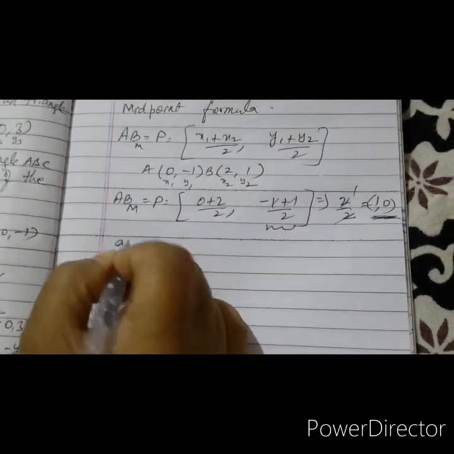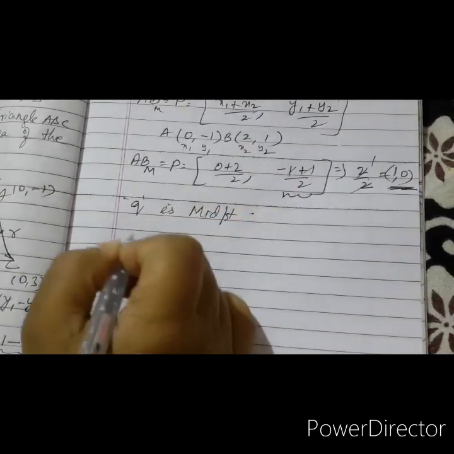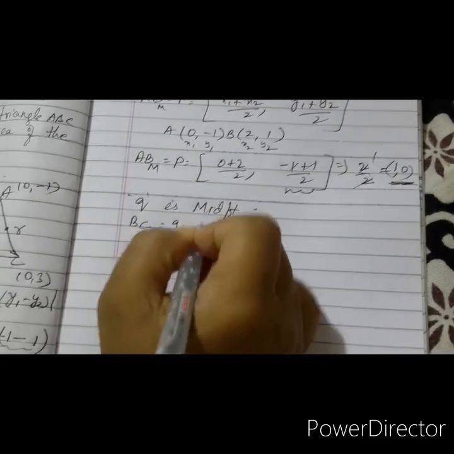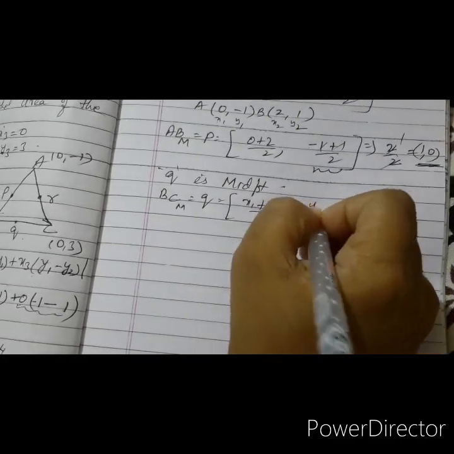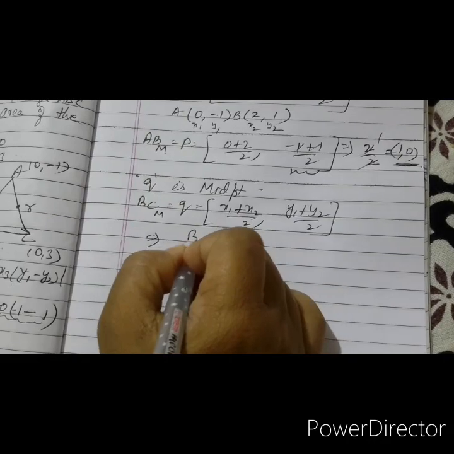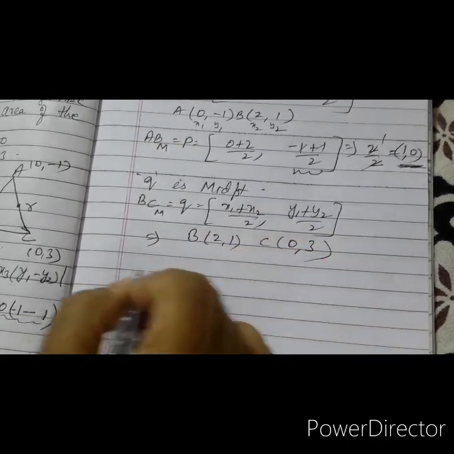Next, Q. Q is the midpoint of BC. Again the formula: x1 plus x2 by 2, y1 plus y2 by 2. B is 2 comma 1, C is 0 comma 3.